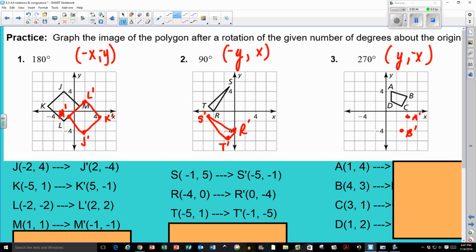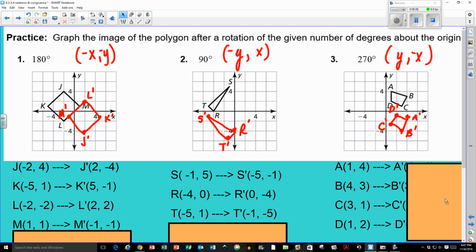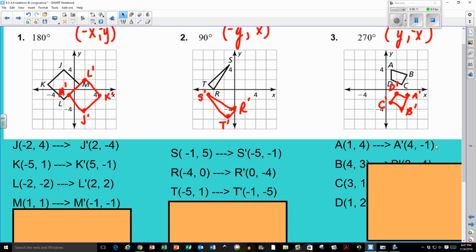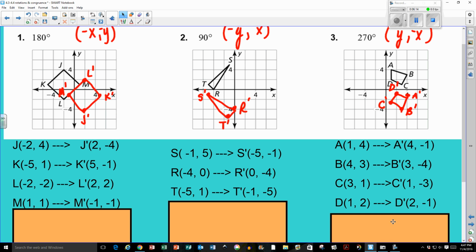They switch places. 1, -3. They switch places. 2, -1. So it would look something like that. And then, of course, there would be your points right here. That would be what they changed to. Mine doesn't look quite as good as theirs, but it's there. All right.